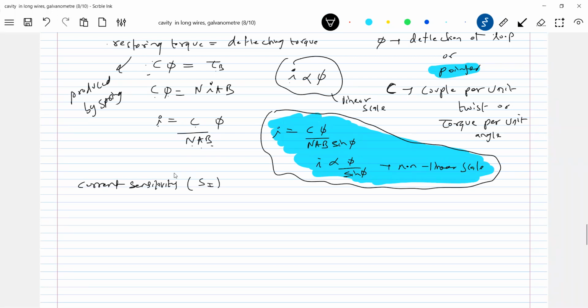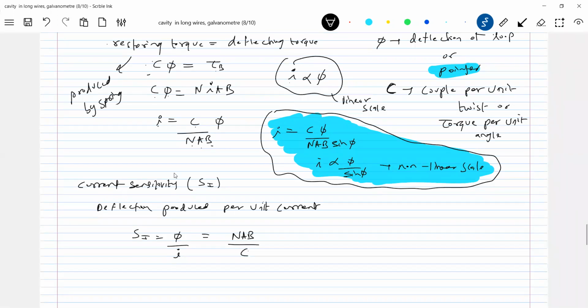It is defined as deflection produced in the galvanometer per unit current. So this should be phi by I, which is equal to NAB by C.